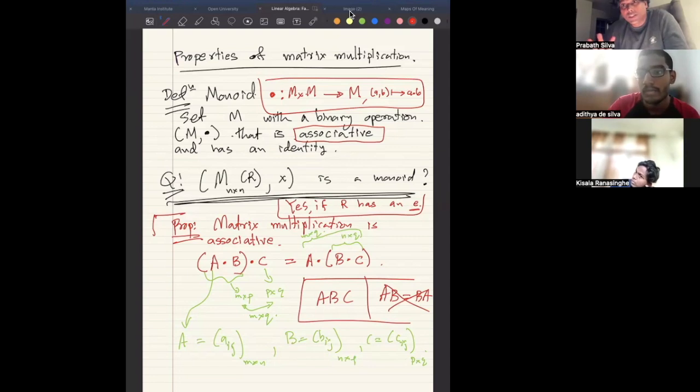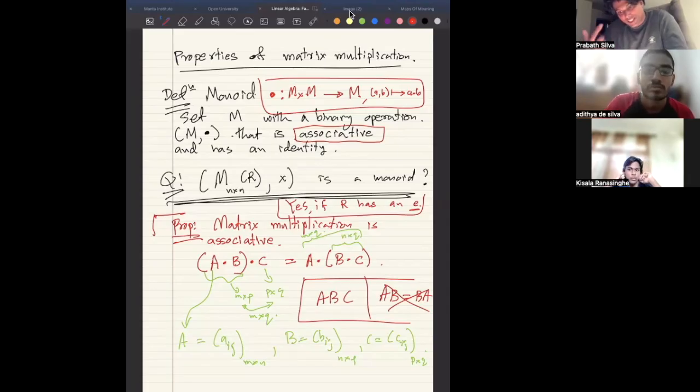an abelian group, because the ring has addition and that addition is abelian. So last time we proved that the matrices are commutative under addition.